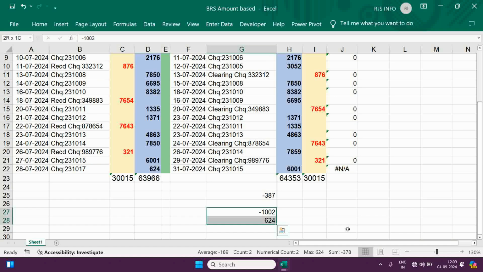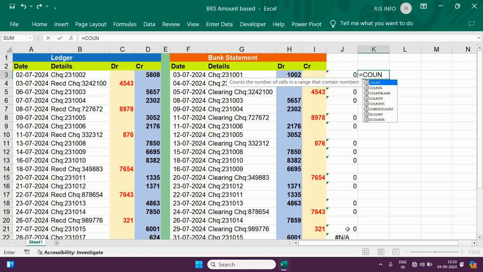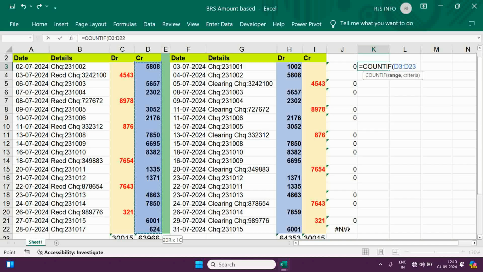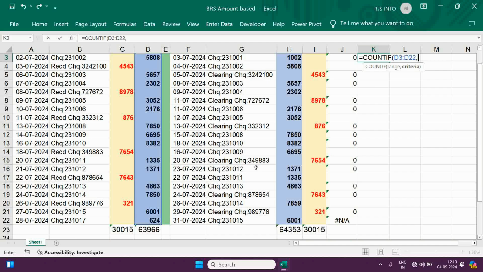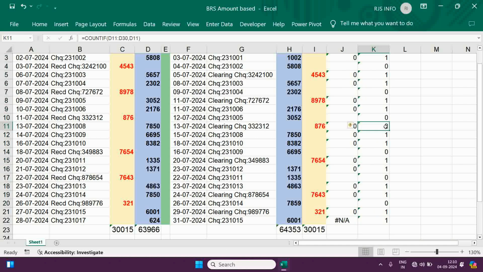So how do we trace it? For that, count it. There is only one entry that has a duplicate: 7950. The same should be available 2 times in the bank statement.